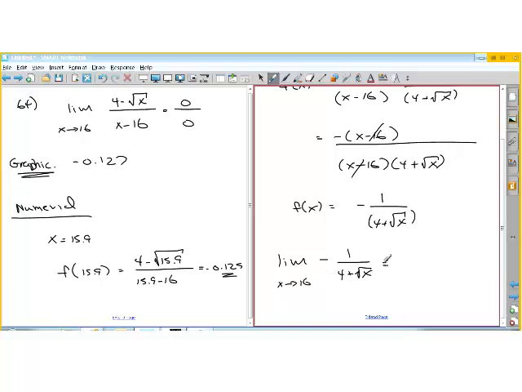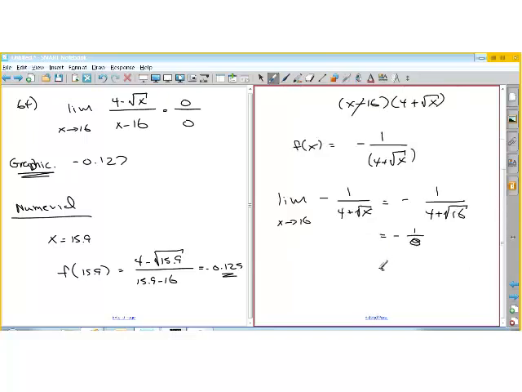We just plug the number in, so we get negative 1 over 4 plus the square root of 16, and so we get negative 1/8, which is negative 0.125, exactly. So you can see numerically we got pretty close to it, and graphically we got pretty close to it too.